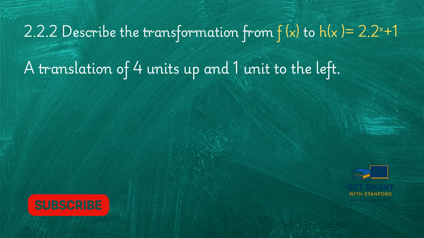We also have the vertical shift where the constant changes from -3 to +1. The graph in that case has moved up by 4 units. And that is basically what is required in question 2.2.2.